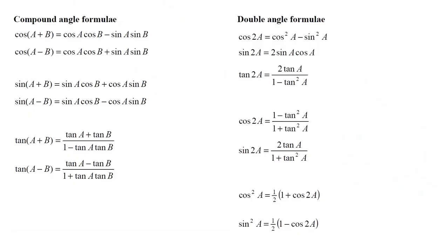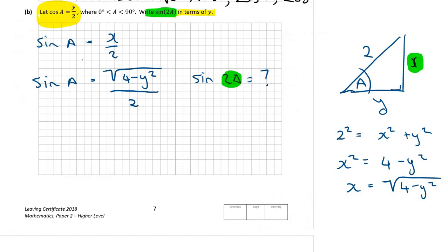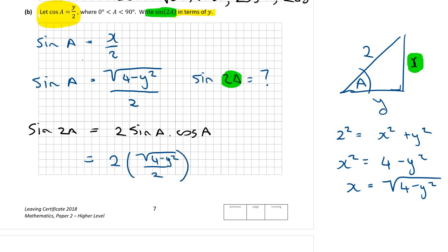We can see that for the double angle formula on the right hand side here, sine of 2A is equal to twice the sine of A times the cos of A. So sine 2A is twice sine A times cos A. Well, sine of A is root 4 minus y squared all over 2, times cos of A, and the cos of A was given in the question, it's just y over 2.